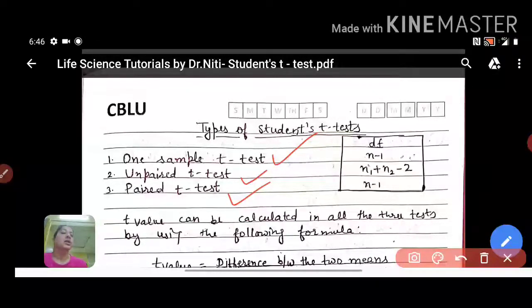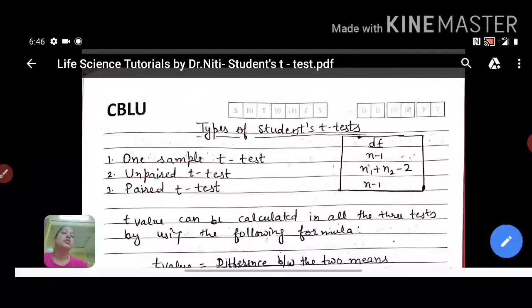Now, degrees of freedom can be calculated for these three types of tests by using a formula. In the case of one sample t-test, there is a single sample and n is the number of observations. So degrees of freedom can be calculated by using the formula n minus 1. In the case of unpaired t-test, there are two samples. The number of observations in these two samples may vary. Suppose n1 is the number of observations in the first sample and n2 is the number of observations in the second sample.